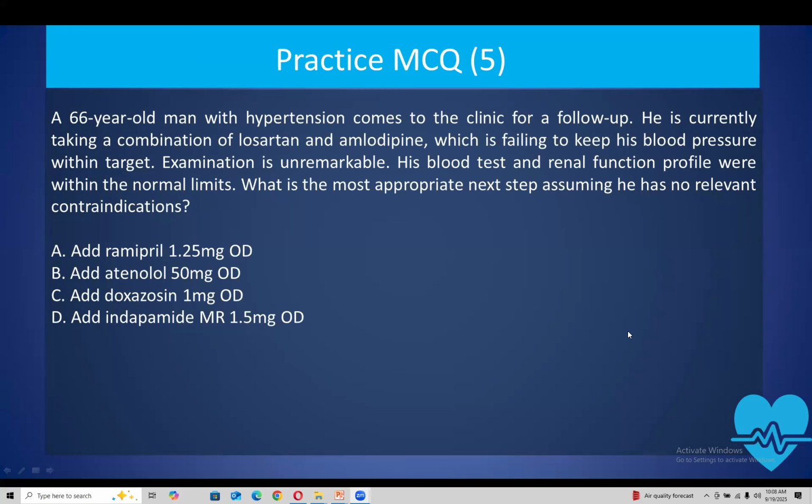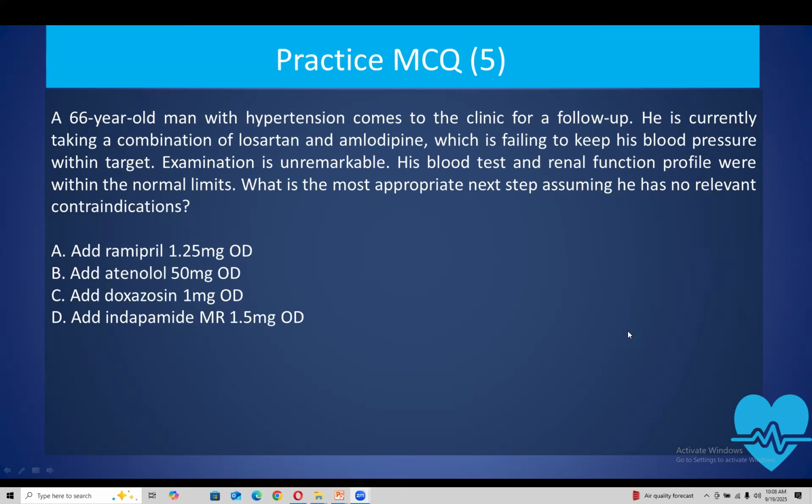A 66-year-old man with hypertension comes to the clinic for a follow-up. He is currently taking a combination of losartan and amlodipine, which is failing to keep his blood pressure within target. Examination is unremarkable.